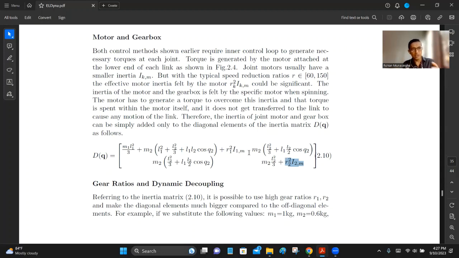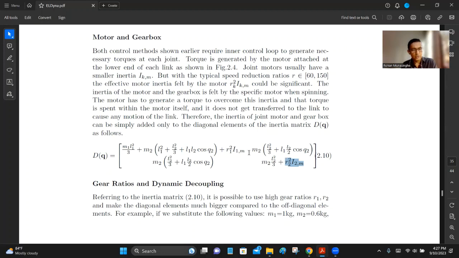If it's a gear reduction, it is N to 1. N is a big number, an integer, right? 100 to 1, 20 to 1, like that. So it is that gear ratio squared times the inertia as you see it from the other side.